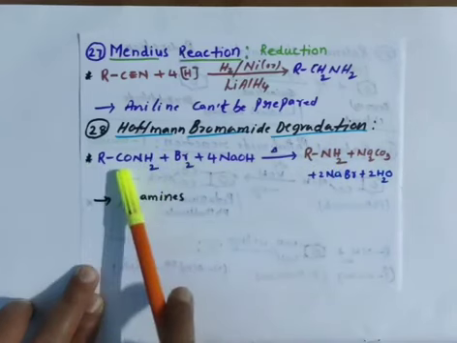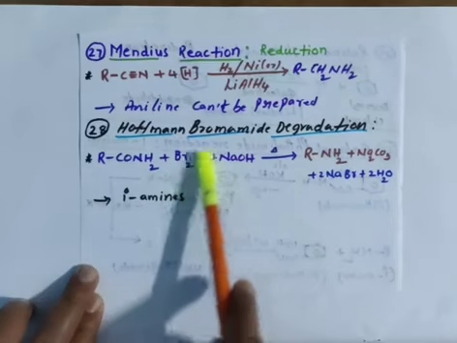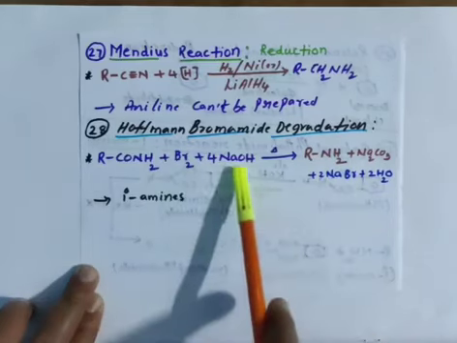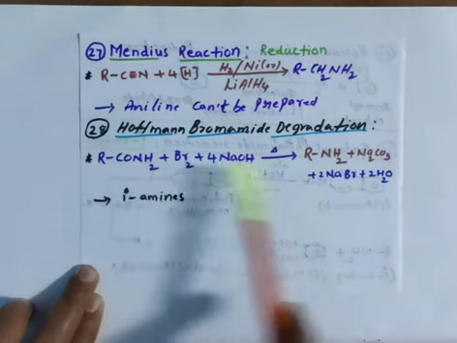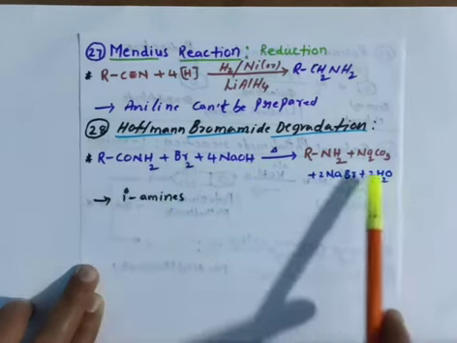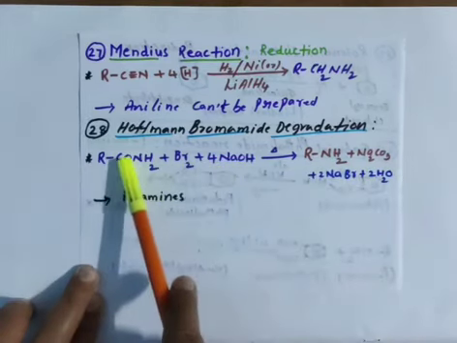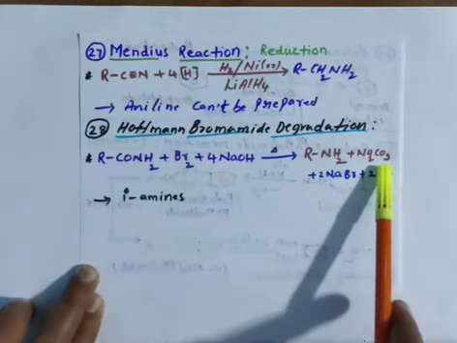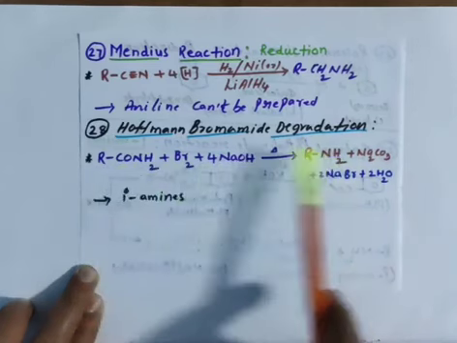So this is amide, bromine, NaOH. The bromine reacts with sodium to give sodium bromide, the OH group reacts with hydrogen to give water, and the remaining sodium reacts with the CO group, giving sodium carbonate and RNH2, the primary amine.